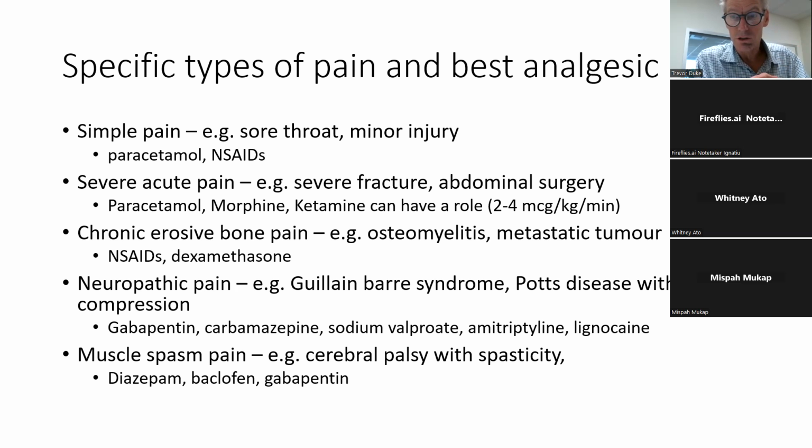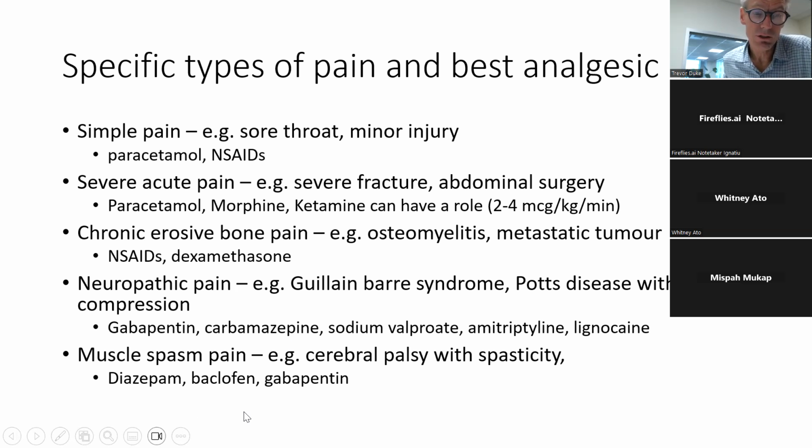But if they have chronic cancer pain and they're under palliative care, then it's fine to use opioids. We'll talk about the role of opioids, but again, start with simple analgesia and then add one more agent depending on what's available and depending on the type of pain.